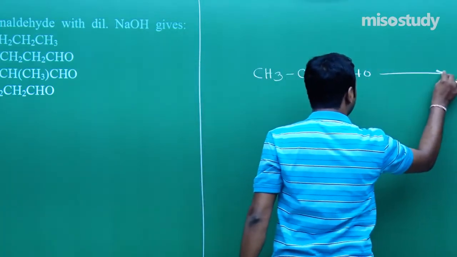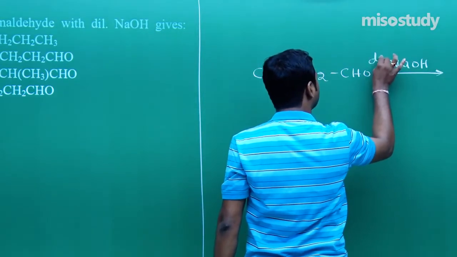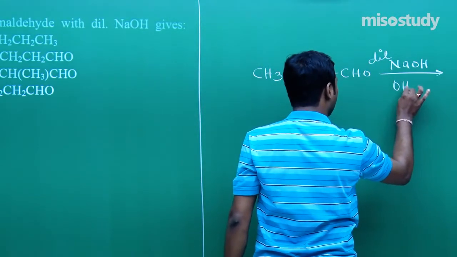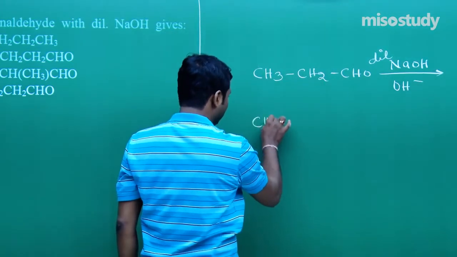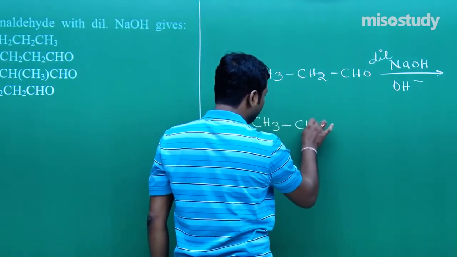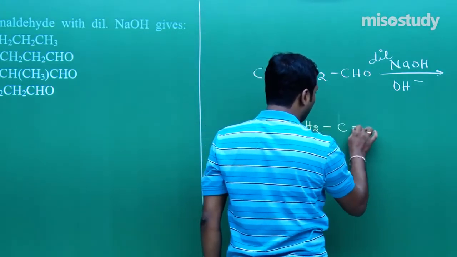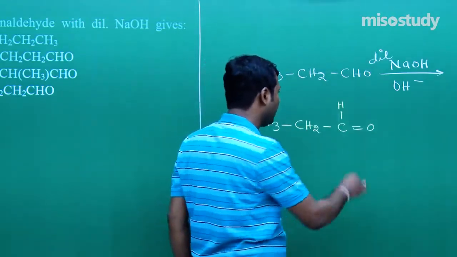On treatment with dilute NaOH, that is the base OH minus, what will happen? It can be written like this: CH3CH2C double bond OH. If I take another mole, then what will happen?